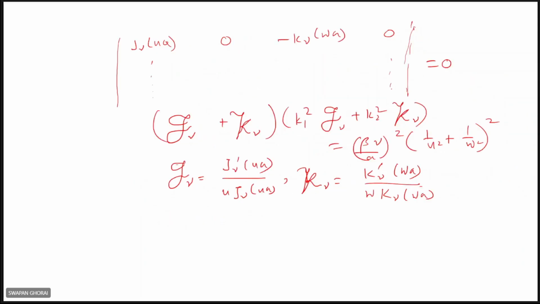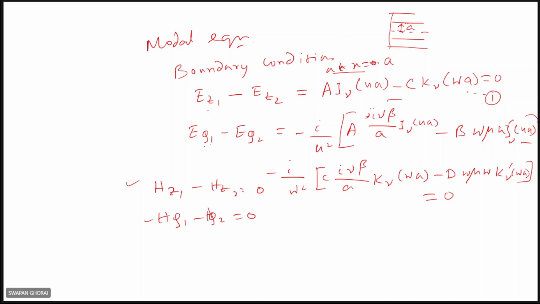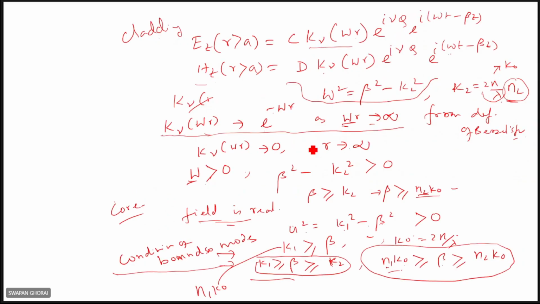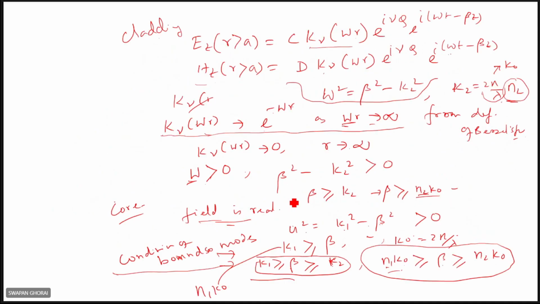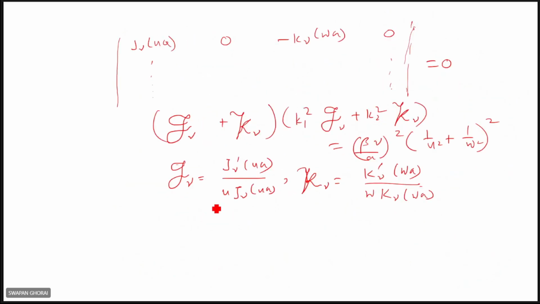After getting these equations, you will get four equations: this is 1, this is 2, this is 3, this is 4. How many coefficients are there? There are four constant terms: A, B, C, D. So a solution can be obtained if the determinant of these coefficients equals 0. To get the determinant, you have to write the coefficients.